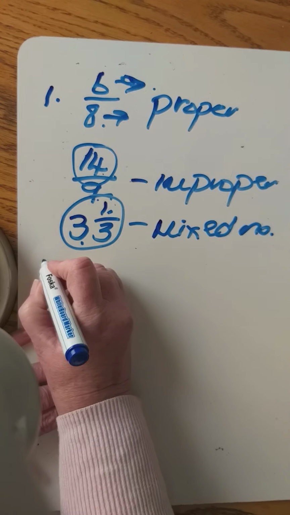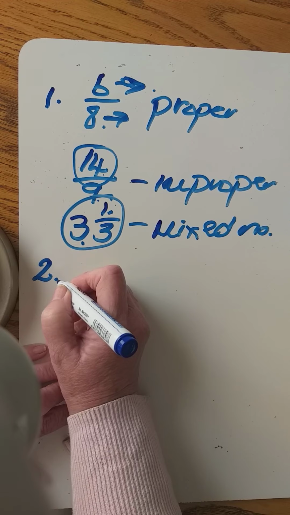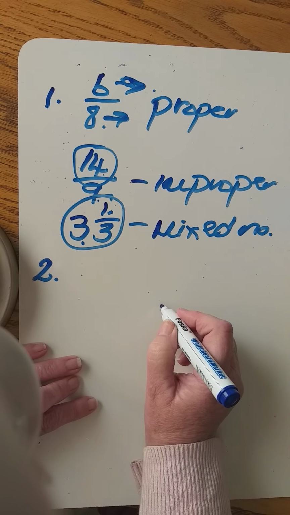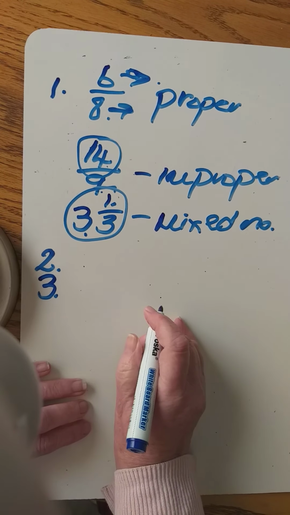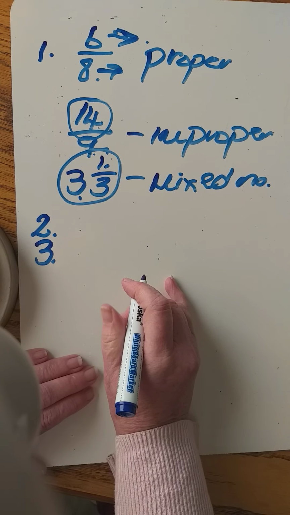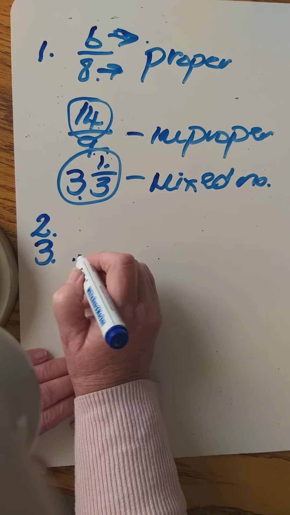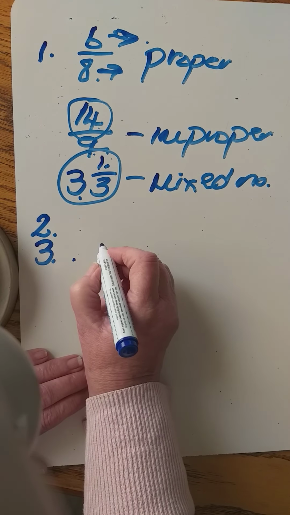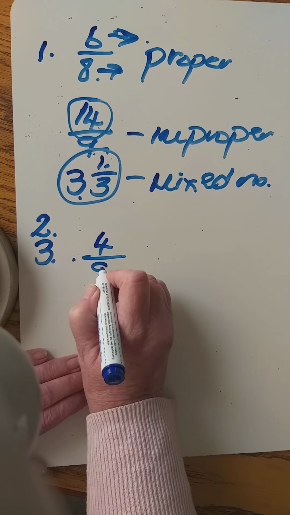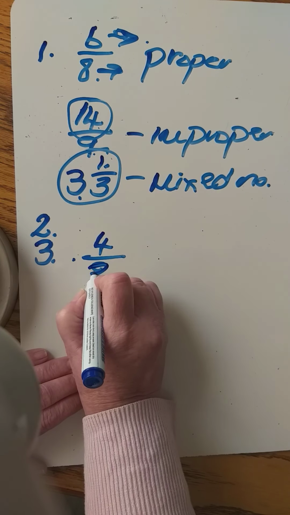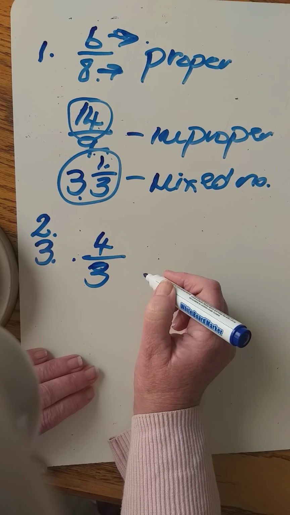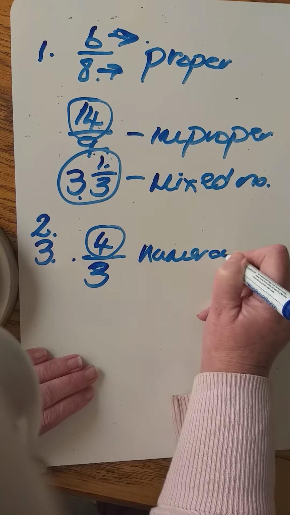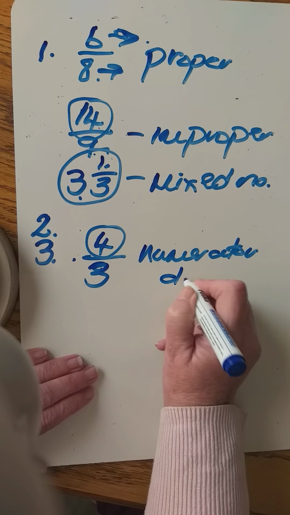Okay. Right, number 2 says, write down 5 proper fractions, so of your own, 5 improper fractions, and 5 mixed numbers. Number 3, which of the following are not proper fractions, and why not? You've got to look at them, please, and give a reason. So if I say to you, okay, 4/3 is not a proper fraction, you need to tell me it's because the numerator is larger than the denominator.